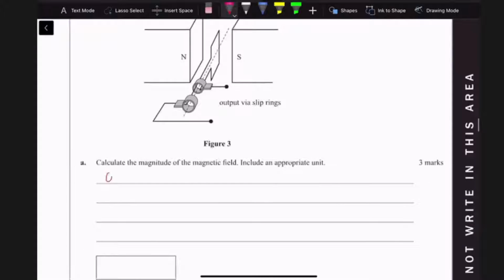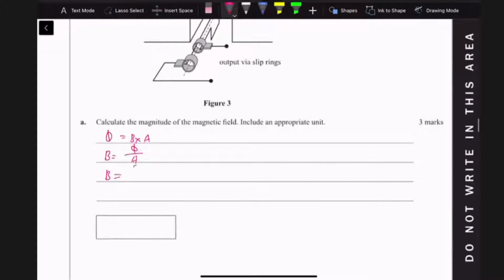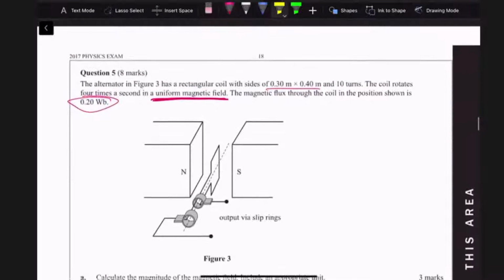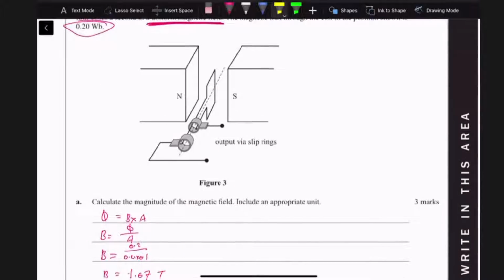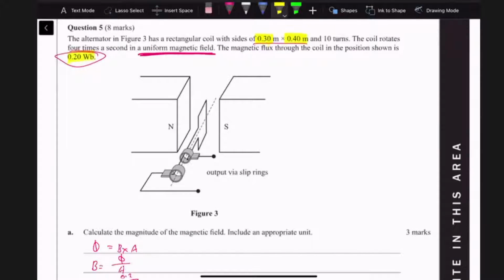So we know we're going to use flux equals field strength times A. So B is flux on A. So that's 0.2 on 0.4 times 0.3, which comes out to approximately 1.67. But we should use 1.7 because, again, significant figures. We only have 2 in all of these.